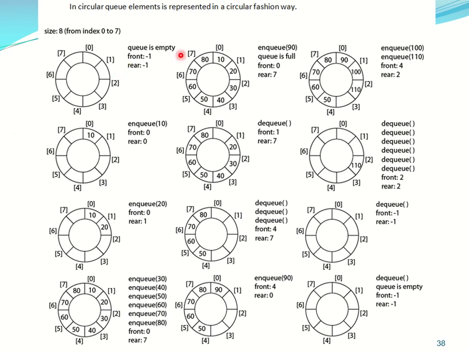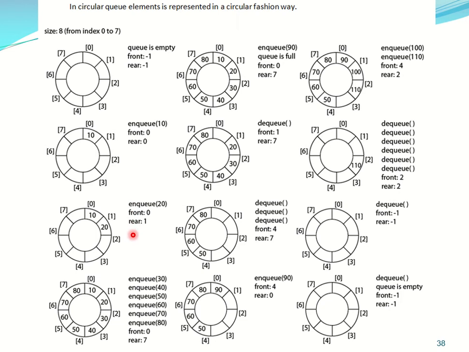Okay, first the queue is empty, front and rear are -1. When you enqueue 10, both front and rear will increase by 1 for the first time, because that will be the first data in the queue. Then when you enqueue another item, let's say 20, only rear is increased by 1. Front will still maintain its position, the front of the queue, but rear will increase by 1.